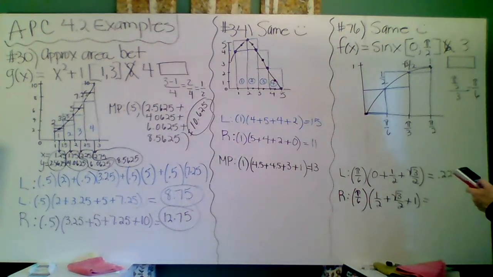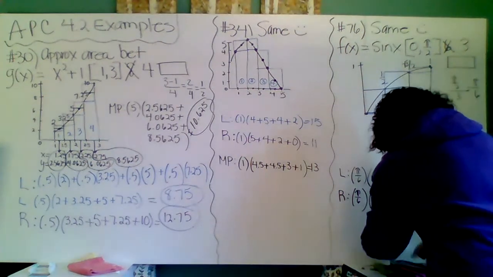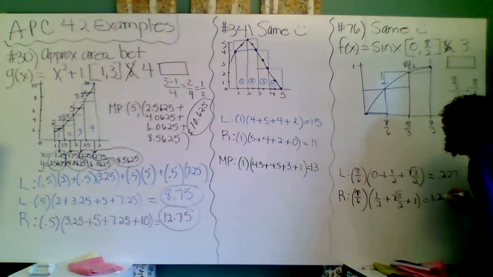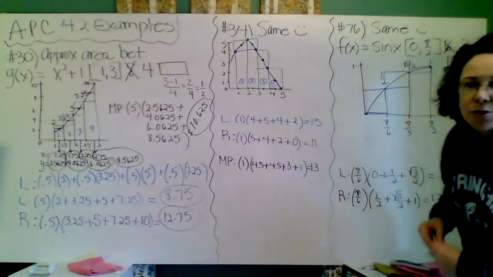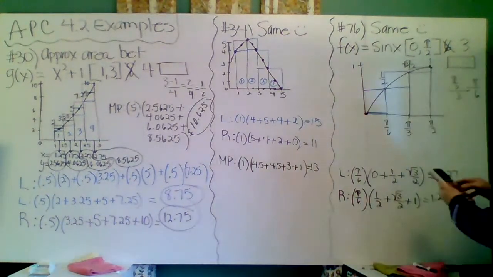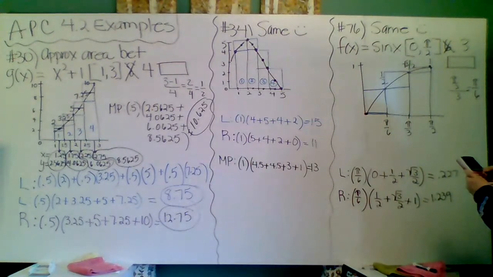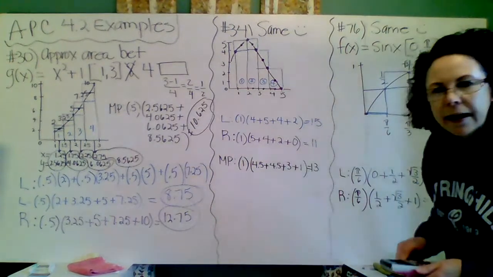It would be 1.239. I feel like I want to do the left again. I want to make sure that I did it right. Did I multiply? Let's see. I'm going to go up, I'll check my work. Multiply by 5, divide by 6. I think I got it.